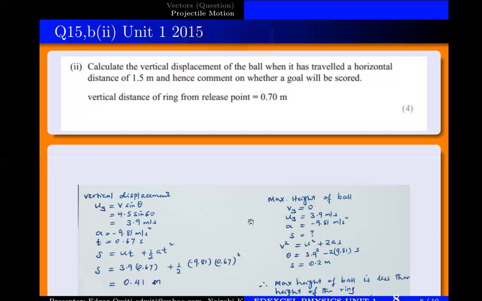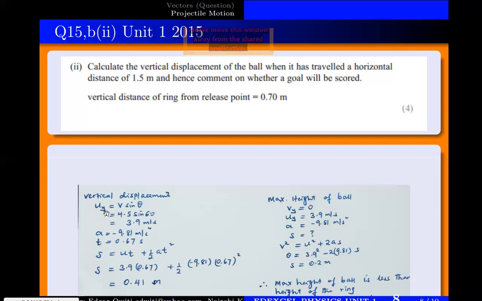So we are going to calculate the initial velocity component, which is v sine theta, that gives us 3.9, and then when a ball is thrown, if you consider the vertical motion, the acceleration due to gravity is negative because it's going against the direction of gravity. Then of course the time, if you're talking about 1.5 meters, is already calculated as 0.67.